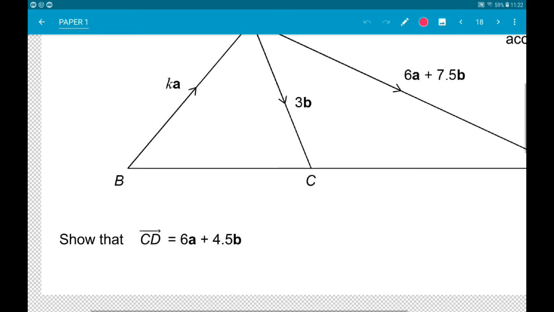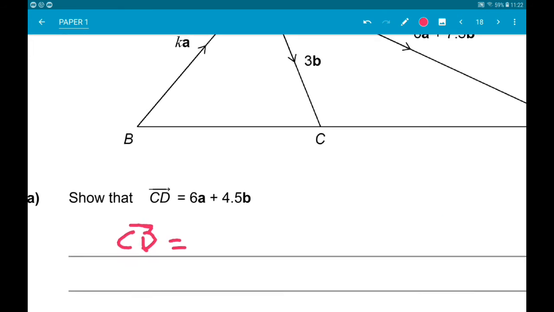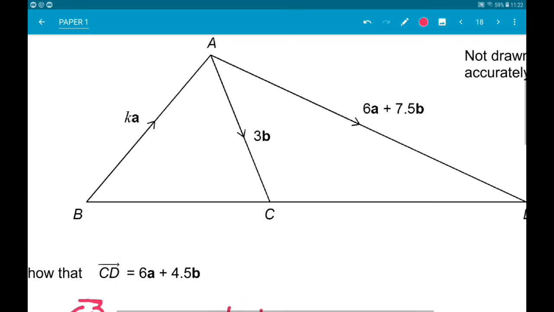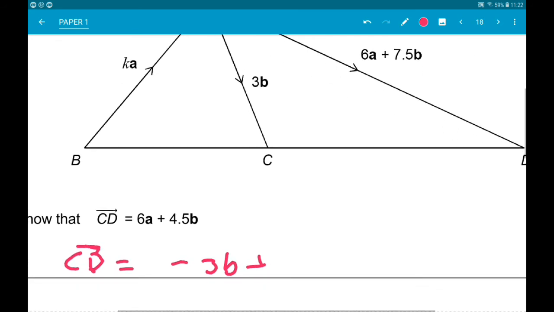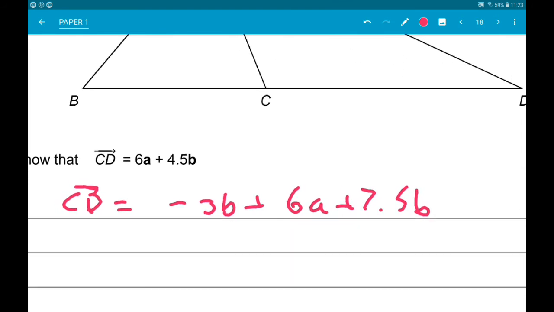So C to D is minus 3B add A to D. So add 6A add 7.5B. So 7.5B minus 3B is 4.5B. So we have 6A add 4.5B.